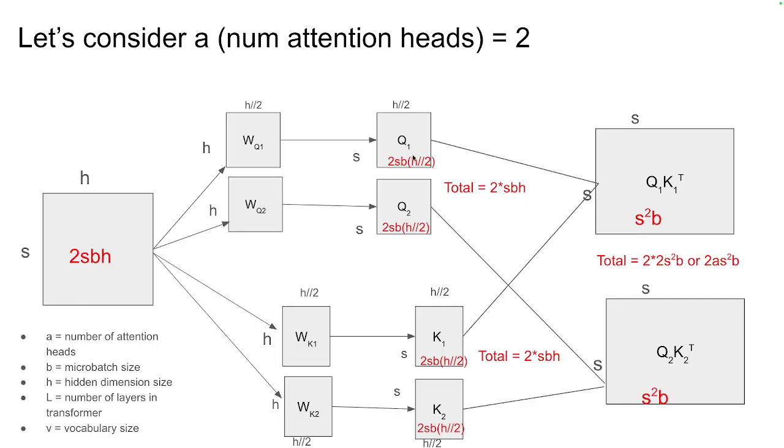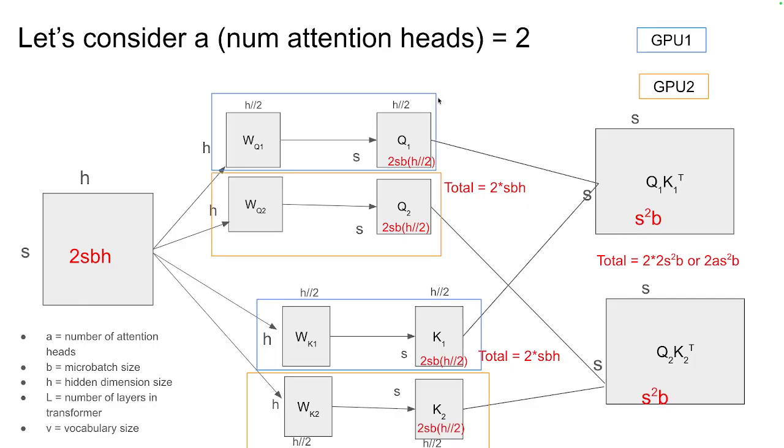So if you see here, this very nicely divides for having tensor parallelism, where you can have each head in different GPUs. So the first head can go to GPU 1 and the second head can go to GPU 2.